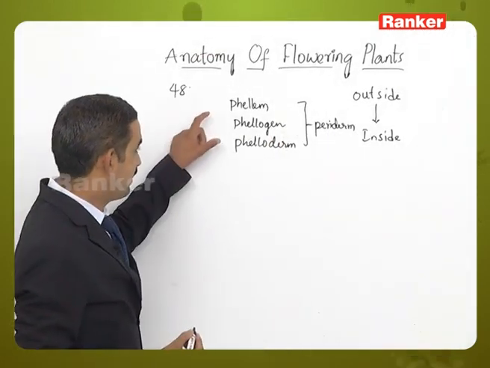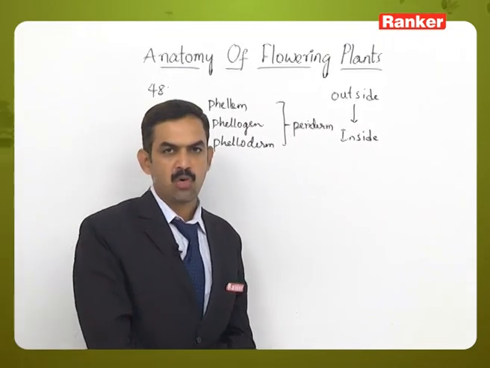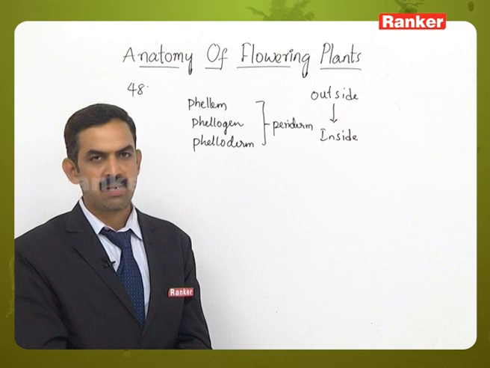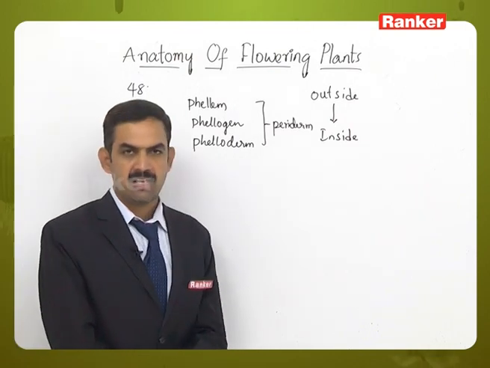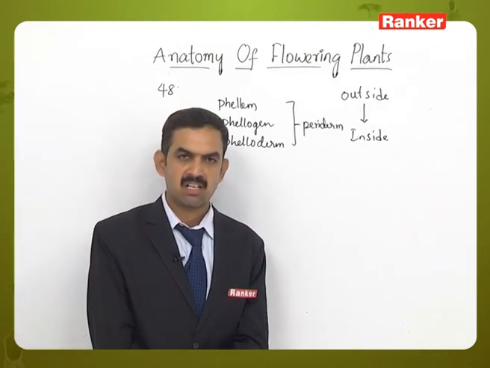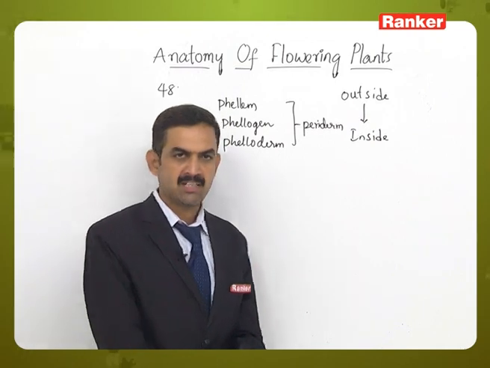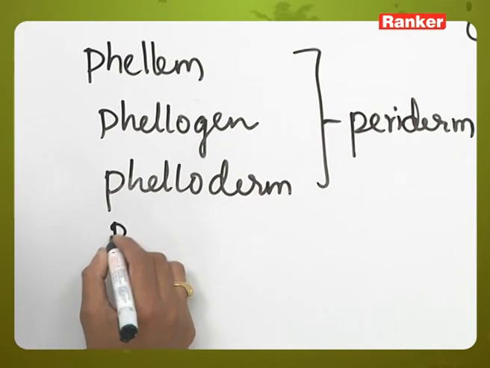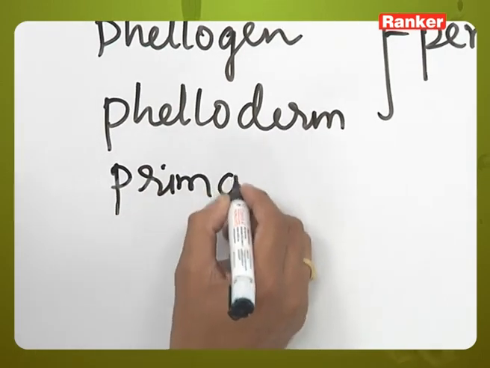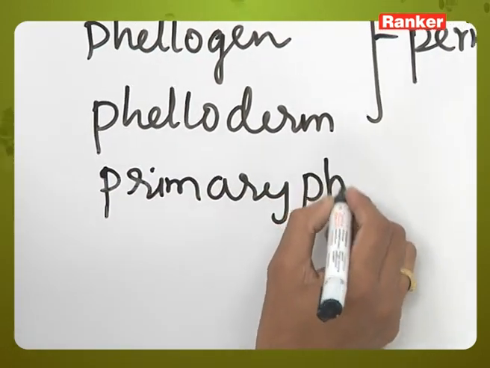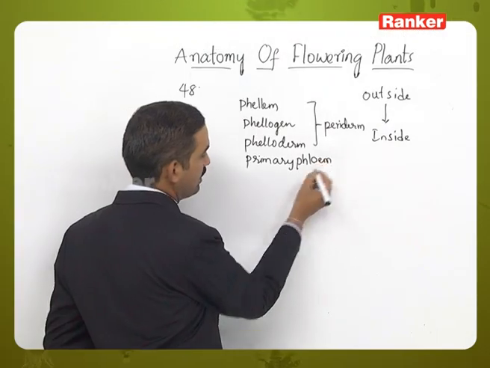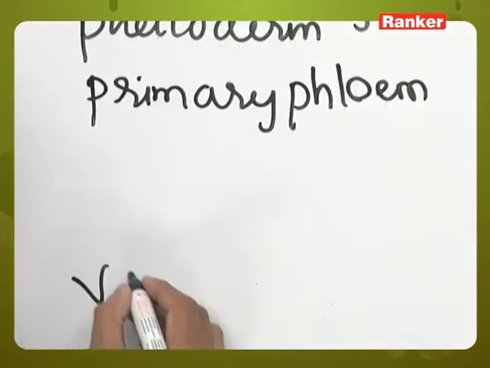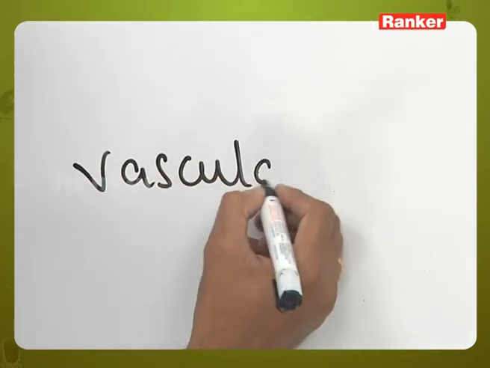And these are the tissues which are formed as a result of extracellular changes taking place in the plant. But before that, some intracellular changes will also be taking place. Below the phelloderm, we can see the presence of some primary phloem also. Here we can take the vascular cambium.